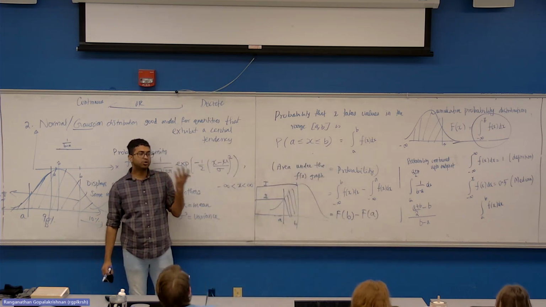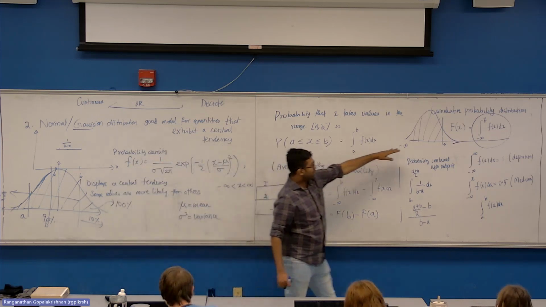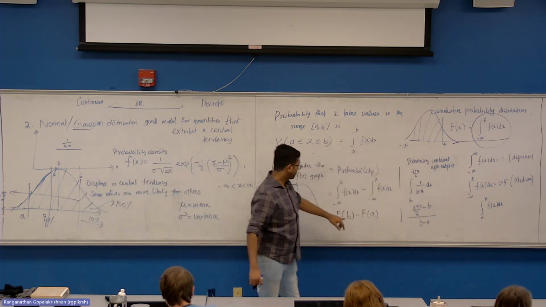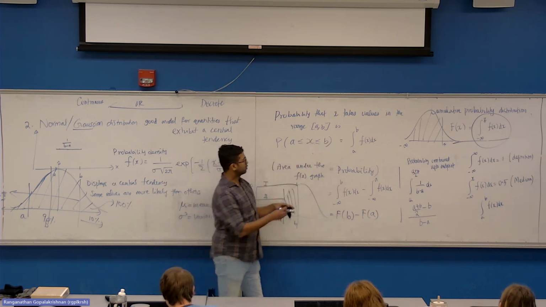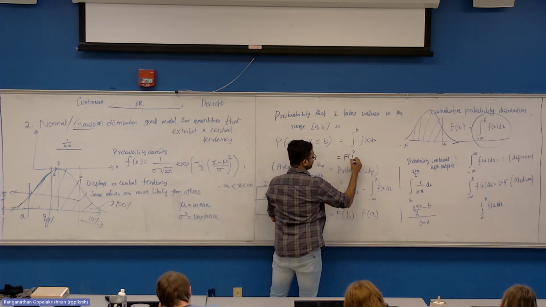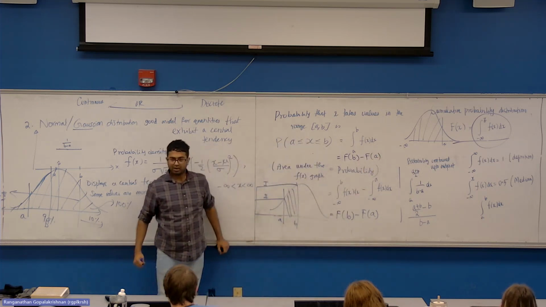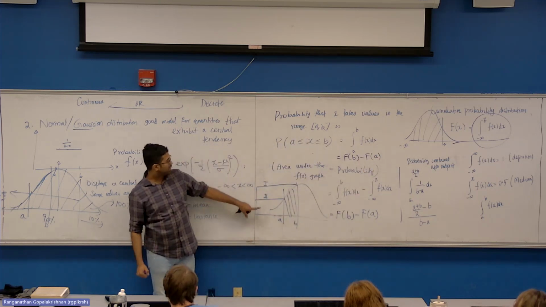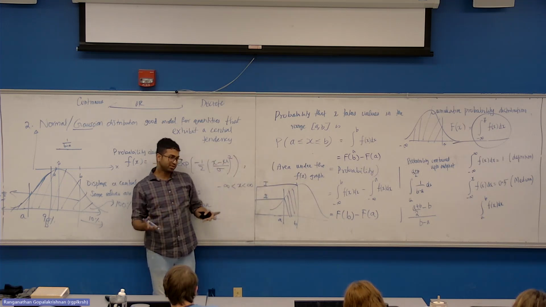So what is the utility of this cumulative distribution function? If you have it tabulated, the difference between two values gives you the probability of x taking that range of values. If we had a tabulation of this cumulative distribution function, we don't have to ever do integration. Do you see that point?